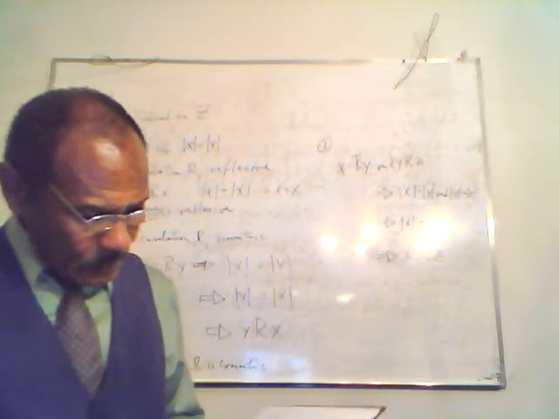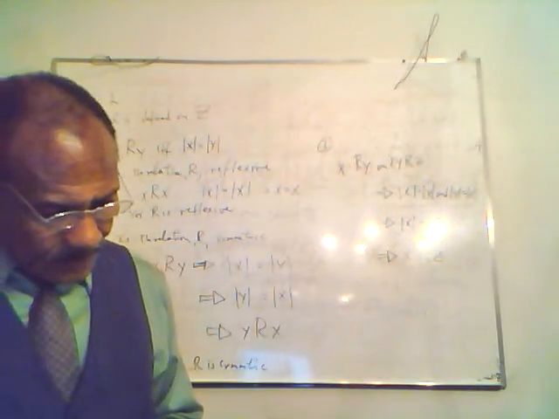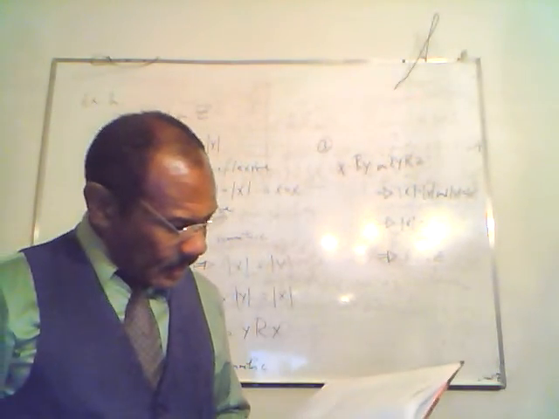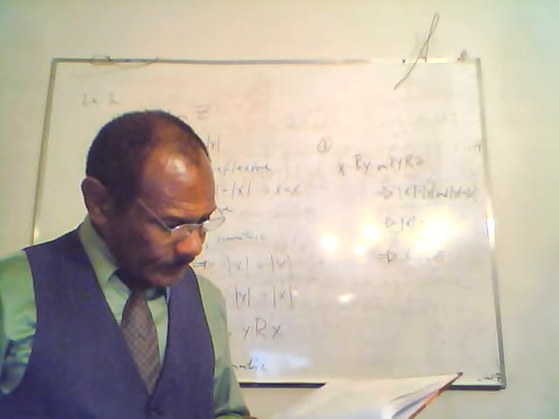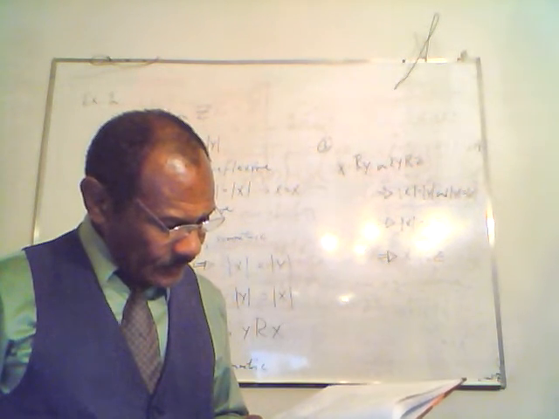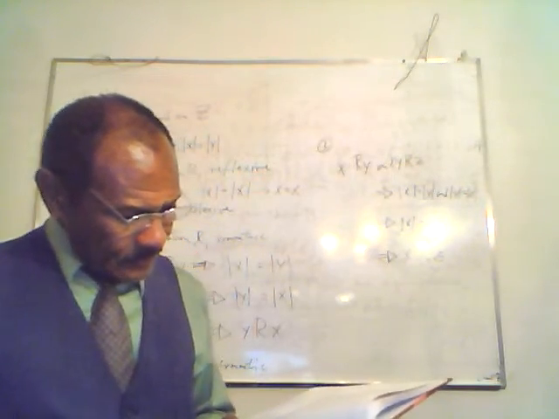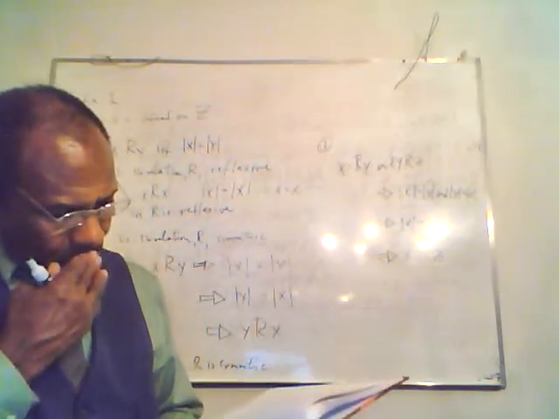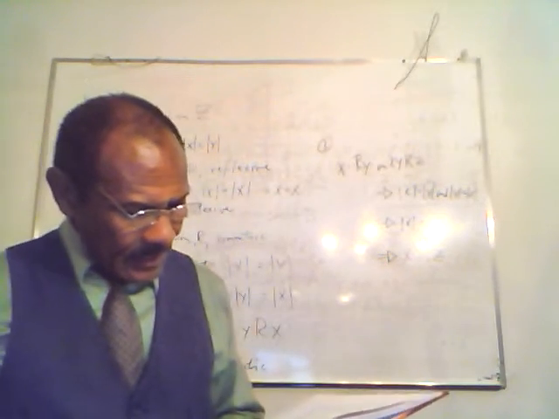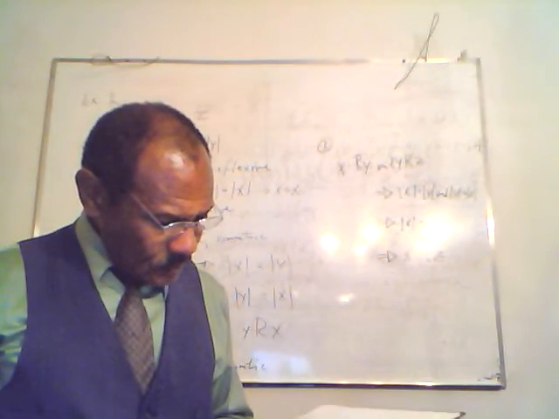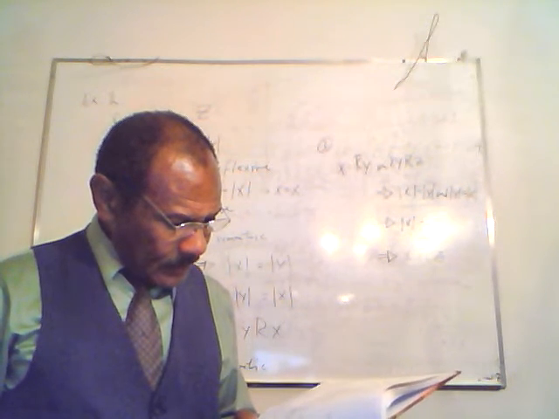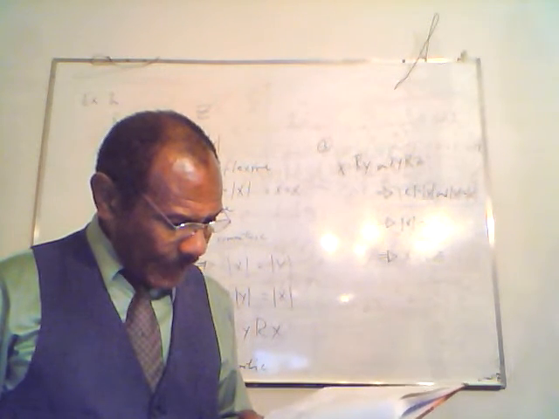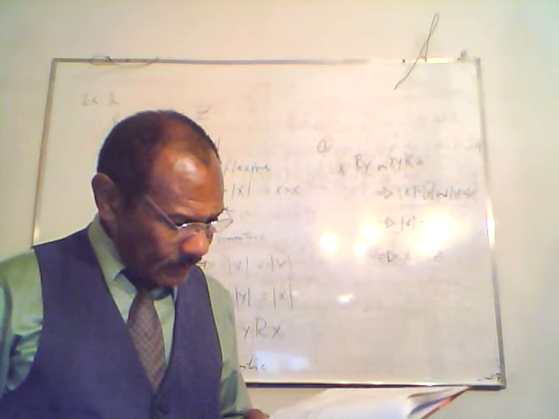The following example is a special case of an equivalence relation on the integers that will be extremely important in later work. Example 4. The relation congruence modulo 4 is defined on the set of integers as follows. X is congruent to Y modulo 4 if and only if X minus Y is a multiple of 4.